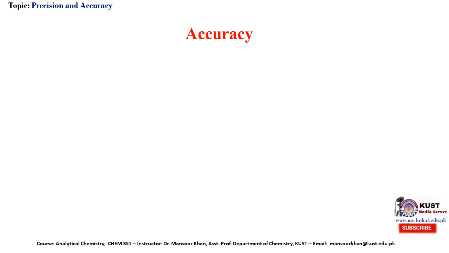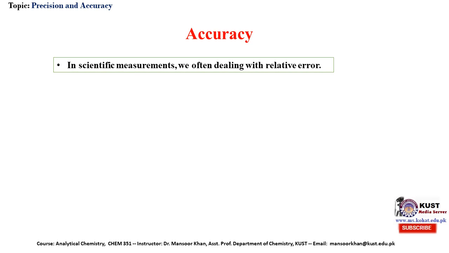This slide shows some of the importance of accuracy. In scientific measurement, we are often dealing with relative error. It means that relative error is often used for measurement of accuracy.